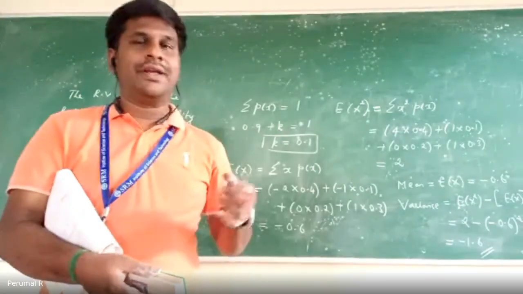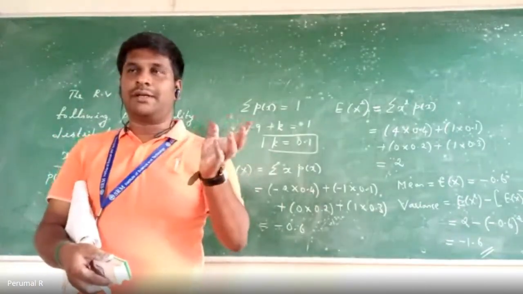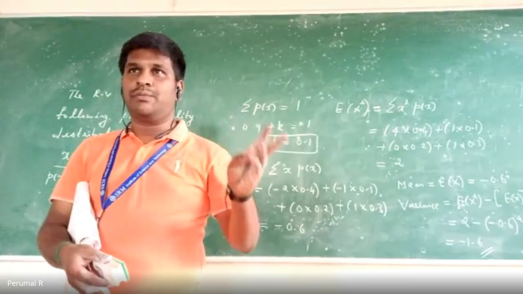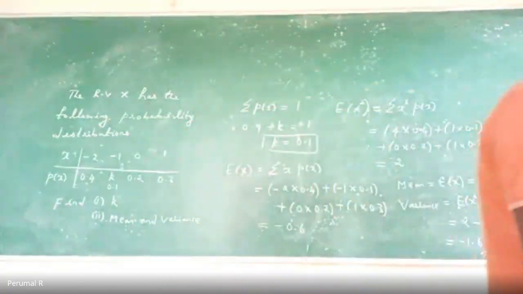Actually, in that problem there is a mistake. The probability values 12, 13, 14 are not correct. The correct ones are 1 by 2, 1 by 3, 1 by 4. I don't have that assignment question here, one minute, I will take it.